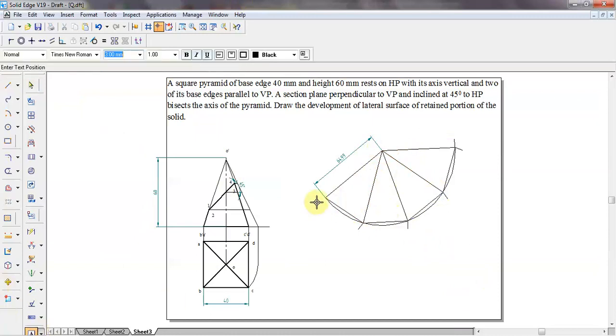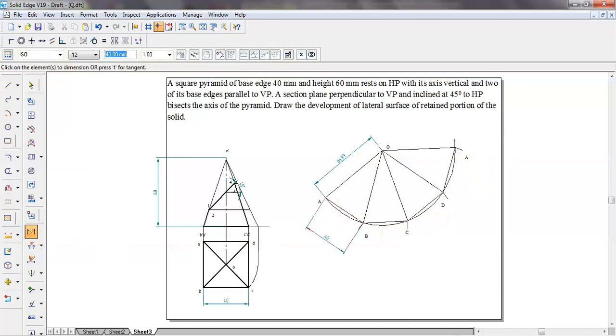Name them A, B, C, D and A and O. Dimension them. This is 40.